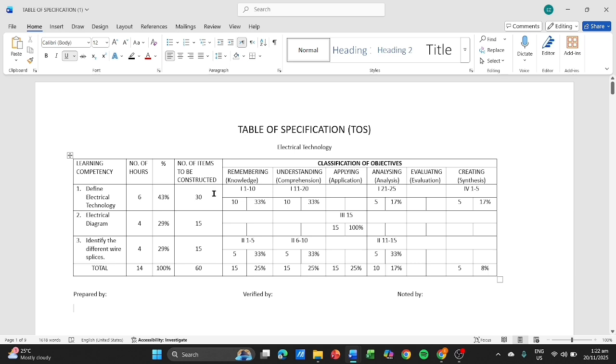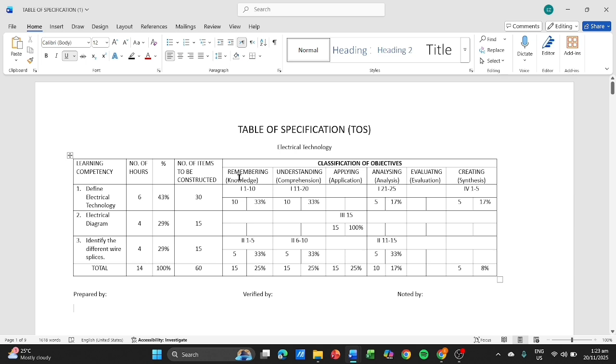So now we'll proceed to the classification of objectives. So how did I come up with these numbers? It is based on the question. In this phase, I set the number. Since I have a total number of items for the particular LC here, which is 30, I divided 30 by 4.